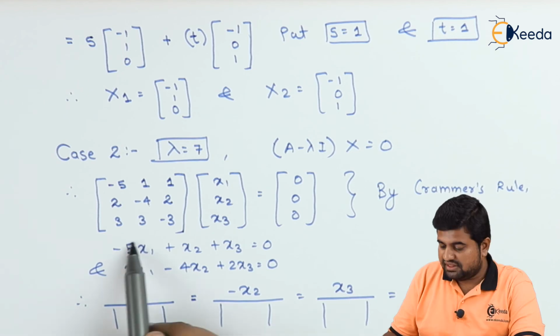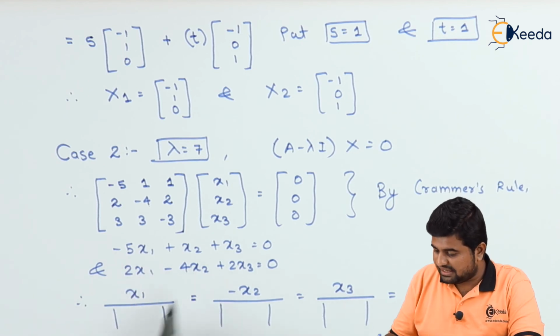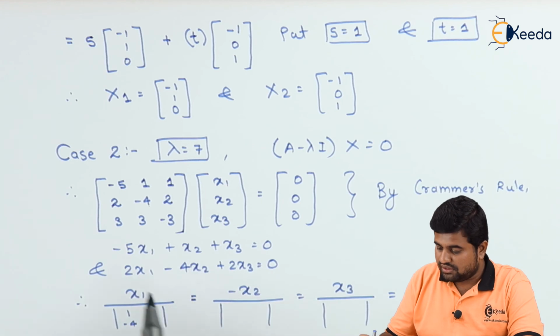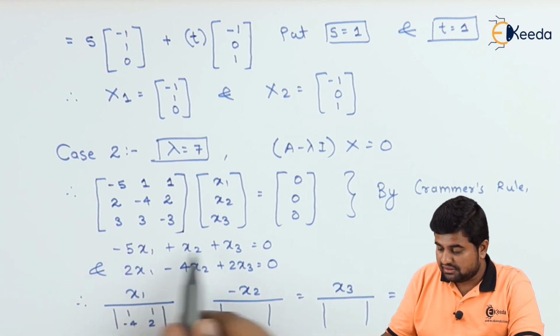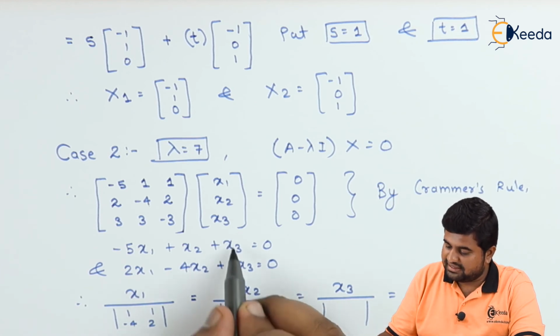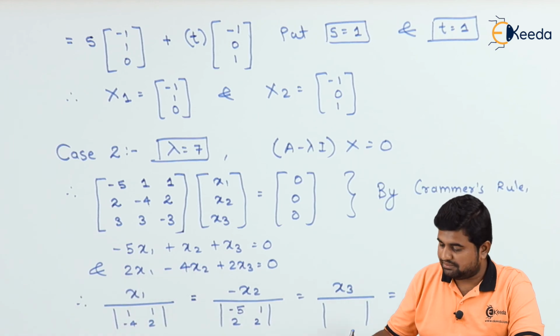For x1, we leave this column and get 1, 1, minus 4 and 2. If we hide x2, we are left with minus 5, 1 and 2, 2. If we hide x3, we get minus 5, 1 and 2, minus 4.